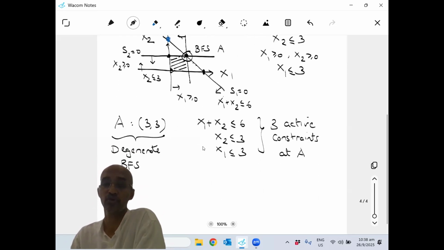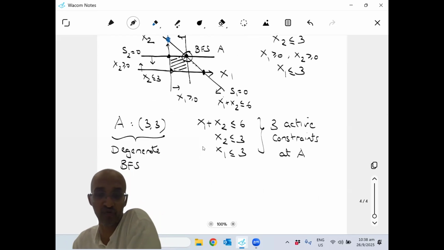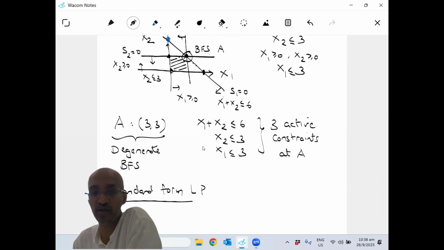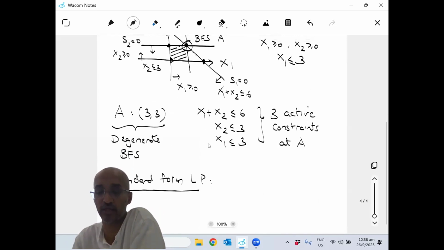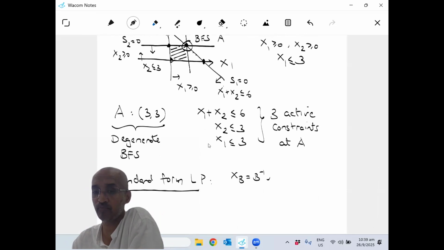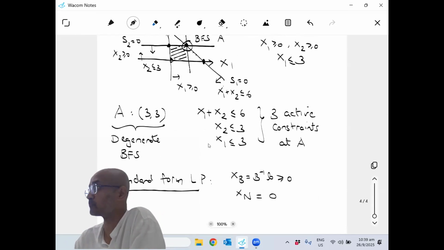So what does this mean for standard form LPs? In standard form LPs, a degenerate basic feasible solution simply means the following. Remember in standard form LP, what do you have? XB is equal to B inverse b, which is non-negative, and non-basic variables are zero.